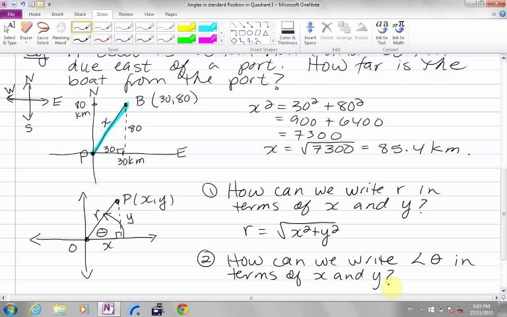Again, think of your right triangle for now, because we're going to use the right triangle to help us define each of these relationships. And then once we know what the relationships are, we won't need to think about the right triangle necessarily. You still can if you forget and you want to go back and develop them yourself. So can anybody write theta in terms of x and y?